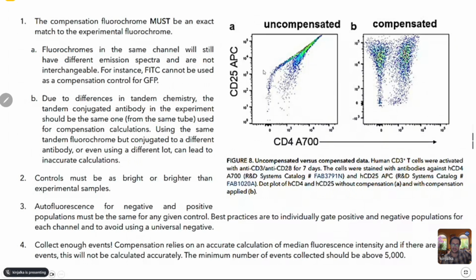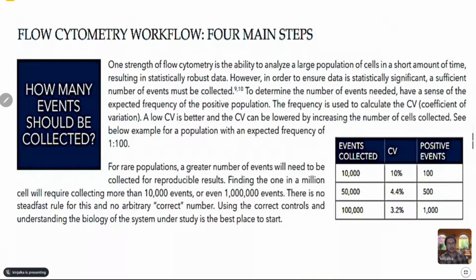So you need positive and negative controls which give a strong signal so that you can compare it with a false signal being emitted. And you need enough events: a minimum of at least 5,000 events to be conclusive. So these are rules which are followed when doing flow cytometry based analysis.